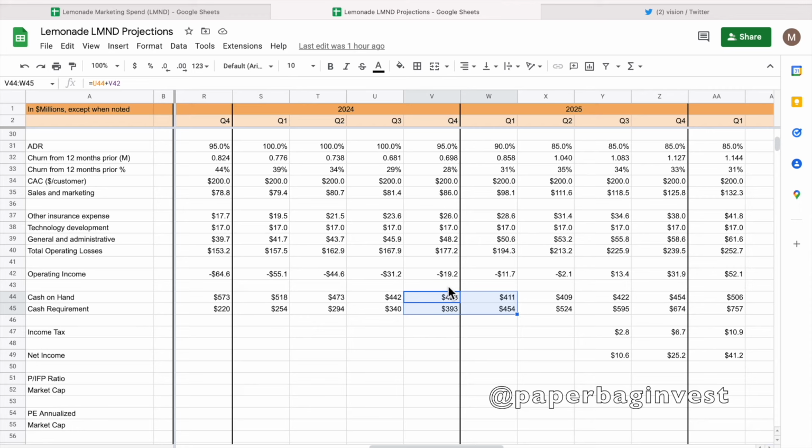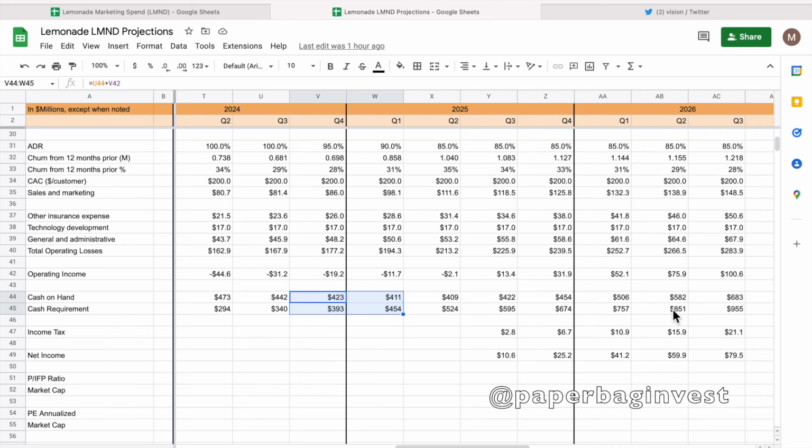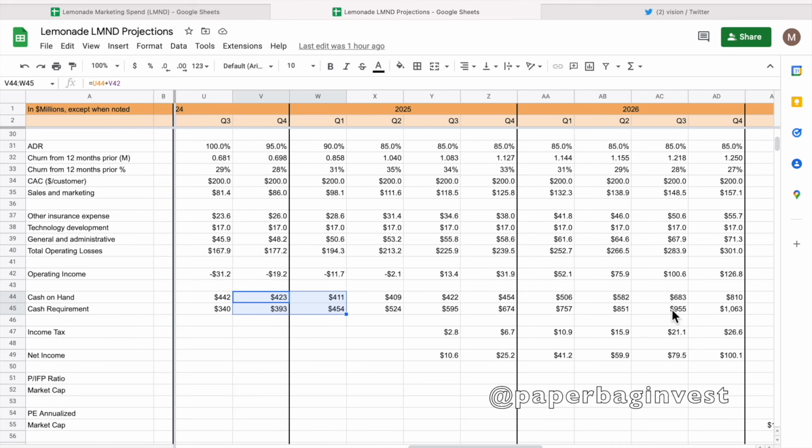The good thing is that their operating income, hopefully by then, is showing signs that it is trending in a positive direction, where the operating losses are diminishing. So hopefully this stock can be in a better place by that time, so it'll be easier for them to raise some capital to make it through to becoming fully profitable, because they're not going to need a ton of money, since their actual operating losses aren't going to be huge.